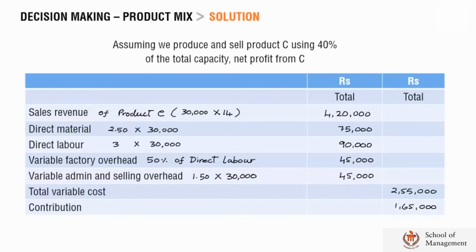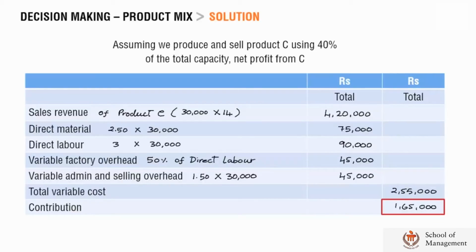So now we have a total variable cost of material 75,000, labor 90,000, variable factory overhead 45,000, and variable selling and administration 45,000, adding up to 2,55,000 rupees. And when we reduce this from sales revenue of 4,20,000 rupees, we get a contribution of 1,65,000 rupees.